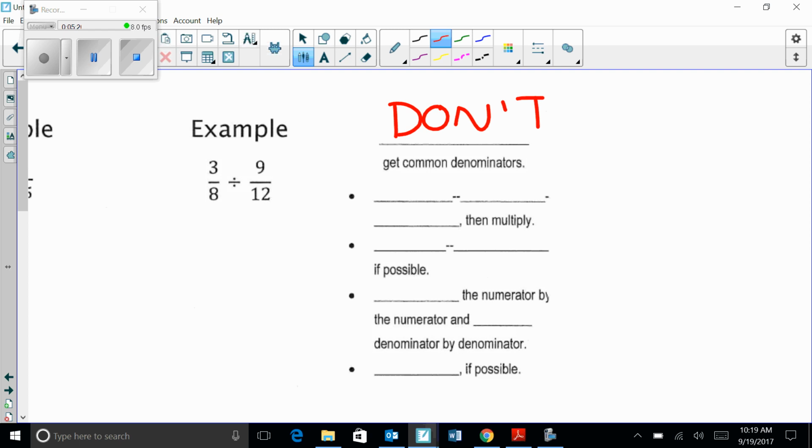So we do that by keeping the first fraction, changing my division sign to multiplication, and flipping the second fraction around to make its reciprocal. Then we pick up our multiplication steps. So we cross reduce if possible.